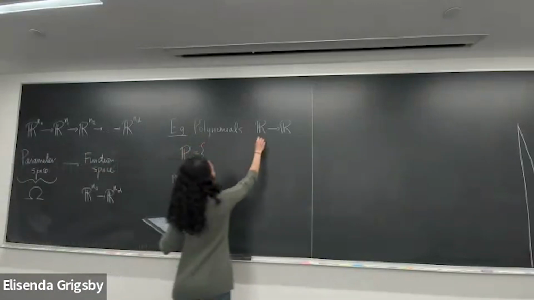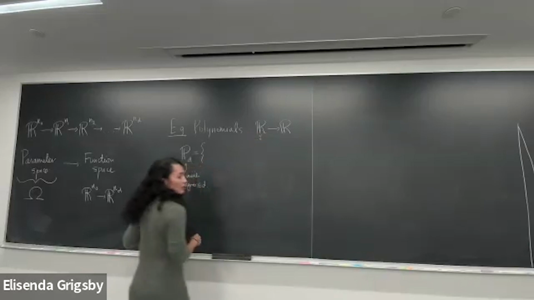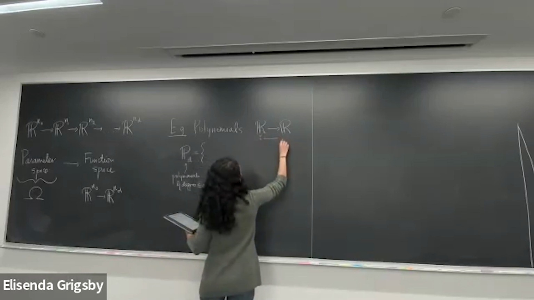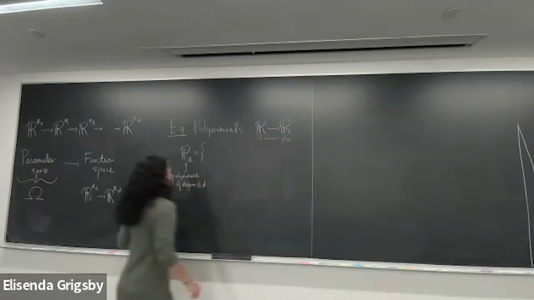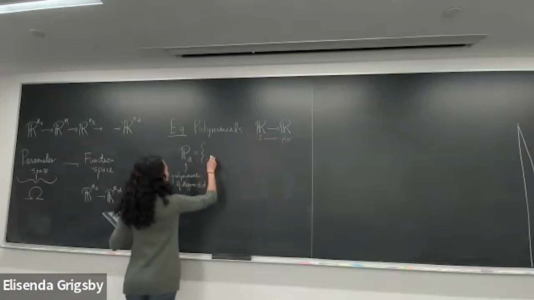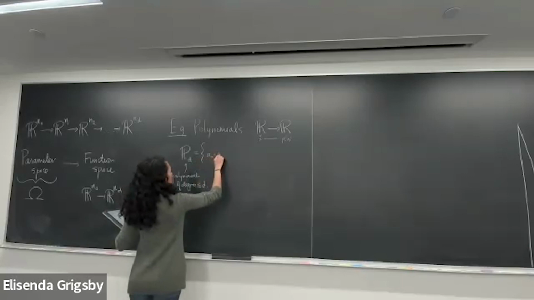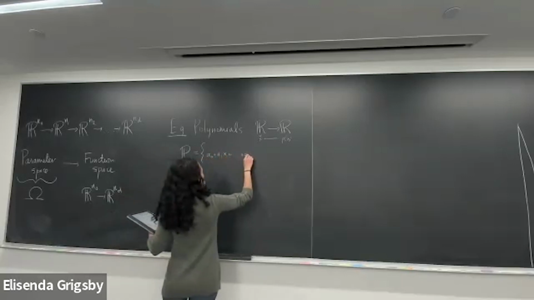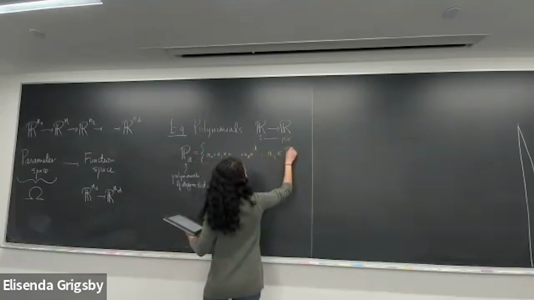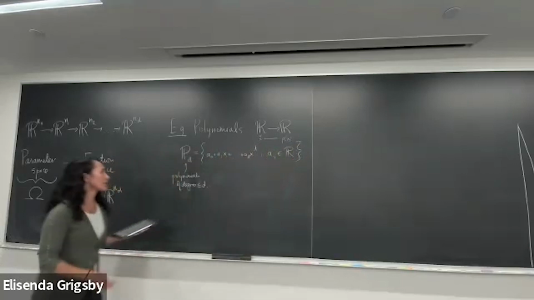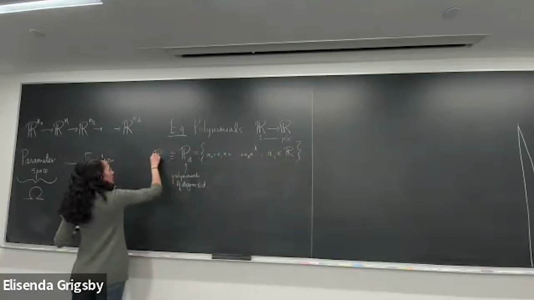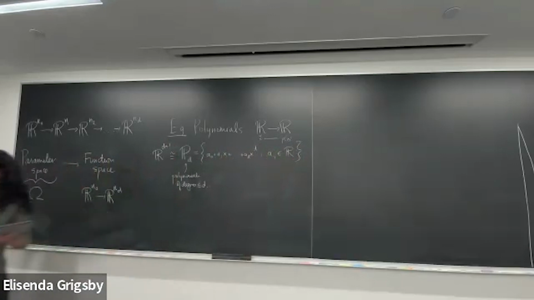So you have a single variable x mapping to, say, p of x, but you're representing this polynomial by its list of coefficients. So this is a D+1 dimensional vector space. And in fact, there's a one-to-one correspondence between parameters and polynomials.